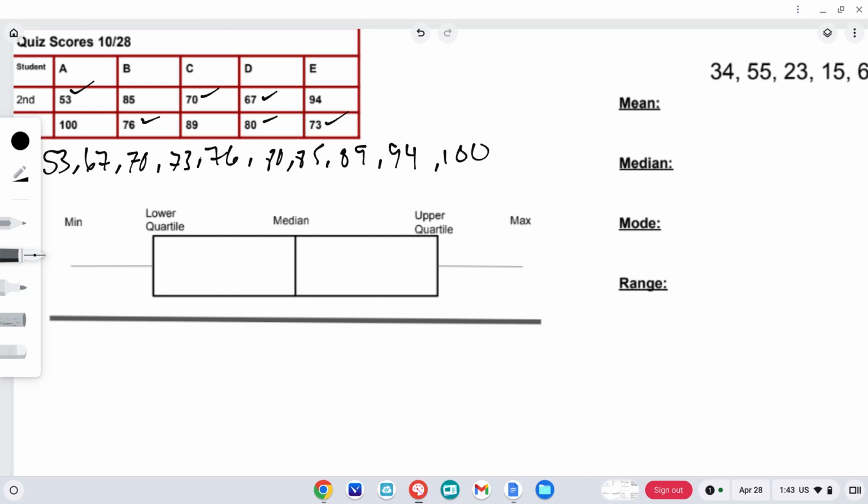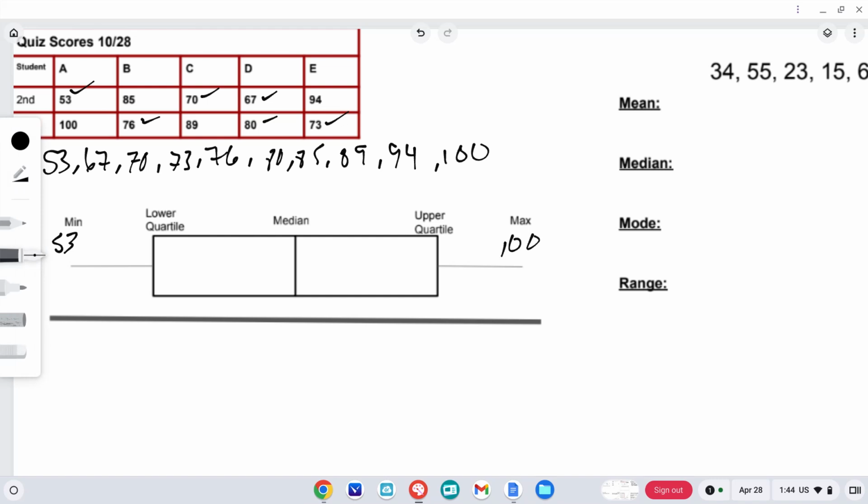So hopefully your list looks like mine. You have 10 numbers in order from least to greatest. Take a look at your list and find the minimum and maximum and place them on your chart. You should have said the minimum was 53 and the maximum was 100.